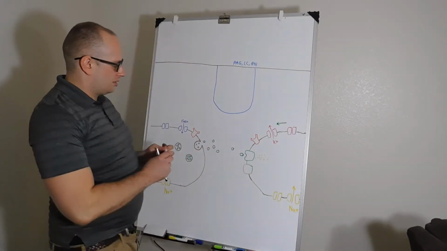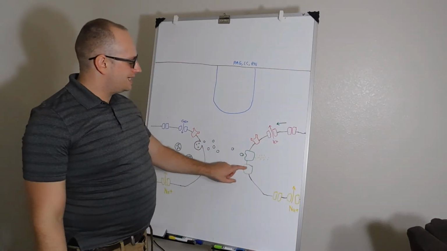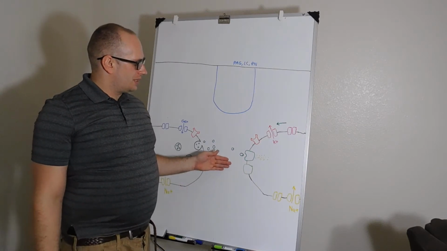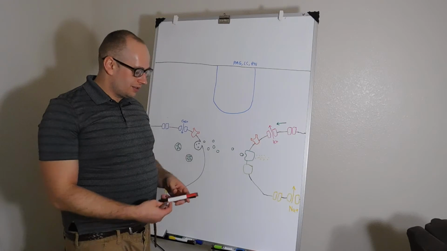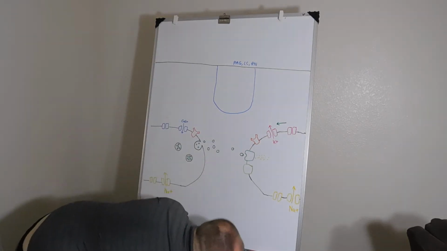Okay. So that's the NMDA receptor that brings in calcium when it's activated, but it has to be activated by two things, which I talked about in the last lecture.